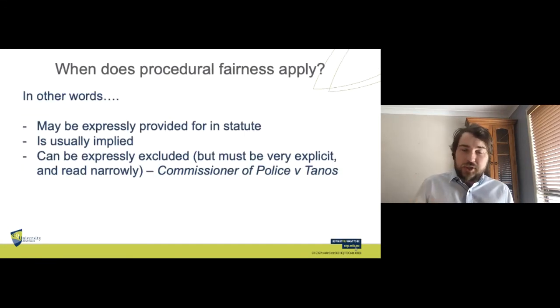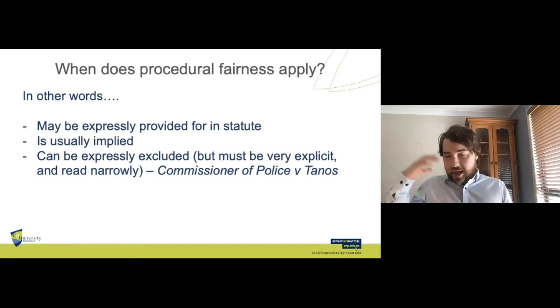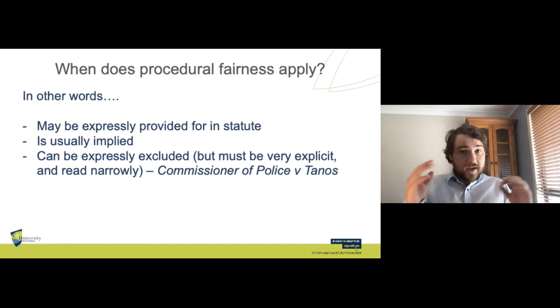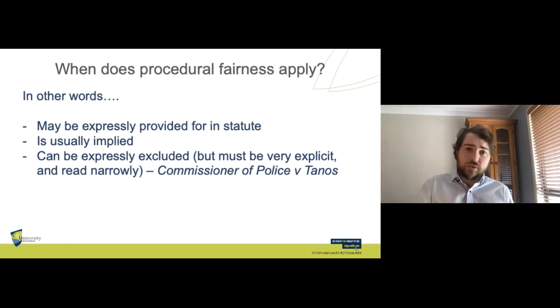The court acknowledges that natural justice and procedural fairness can be expressly excluded, but only in very explicit circumstances, and the court will read that very narrowly. So Parliament, acting as a representative of the people, can restrict procedural fairness.